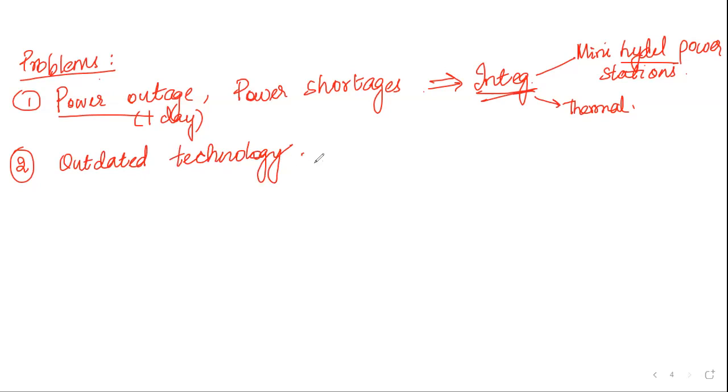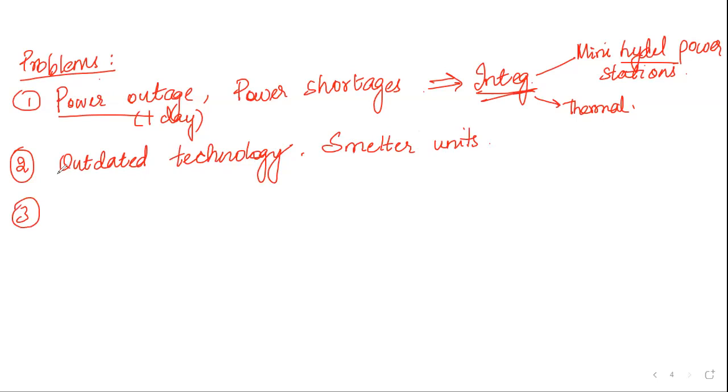The smelter units which are being used are ages-old machines and they have not been upgraded so far. So that is outdated technology.